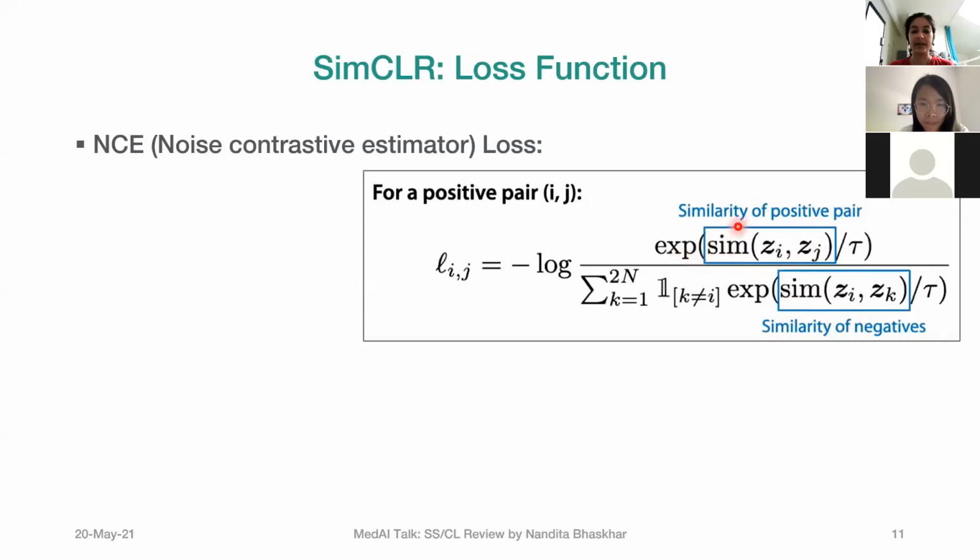In the numerator, you have the exponential of the similarity between the positive pairs, and then you normalize it with the sum of the exponentials of all pairs. This is going to be the foundation for many of the frameworks that I'll be discussing today. If you have any questions, feel free to ask right now.